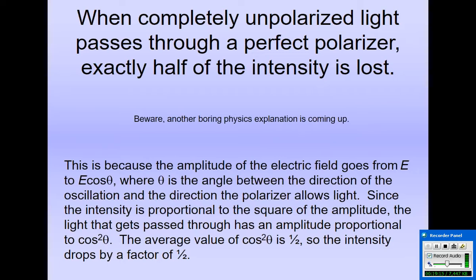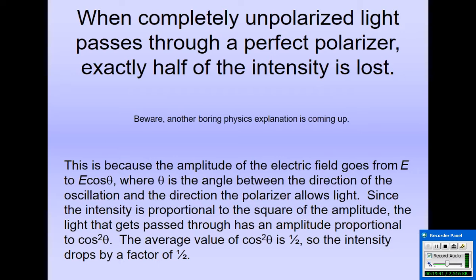We can find the component that is parallel to the molecules with theta. Theta is the angle between the direction of the electric field oscillations and the direction in which the polarizer allows light. We want the light that survives. So the component that survives based on this definition goes as cosine theta.